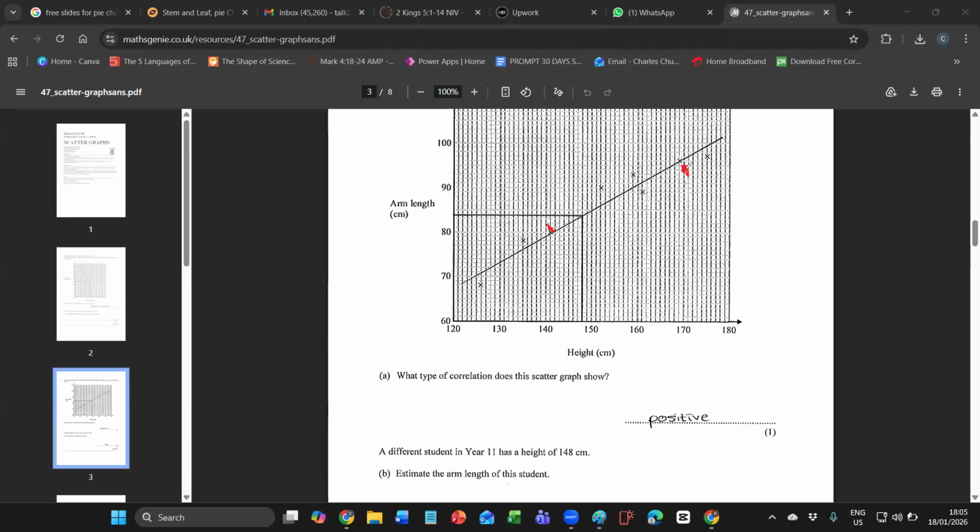If you just gauge it with your eye, you will see that the distance between this one and the line, and the distance between this one and the line are really, really close, right? The distance between this one and the line and the distance between this other one at the tail end here and the line are really close.